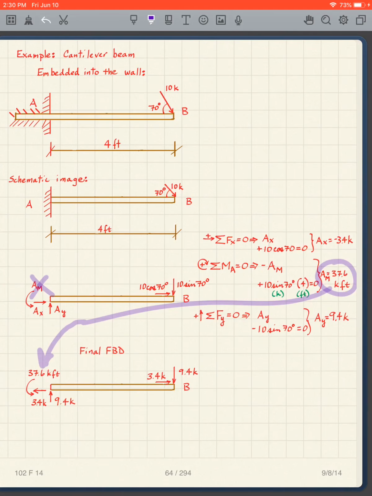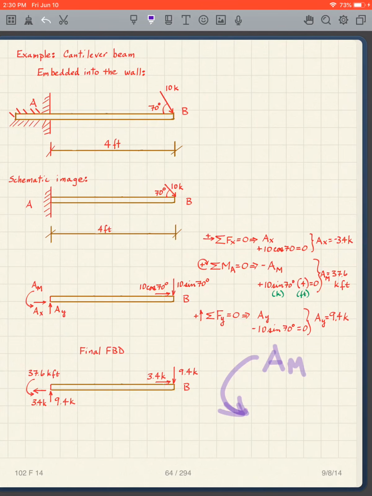If it were a negative number, then what would I do? If I start out with AM showing like this, and it's negative, then I simply flip it around and write 37.6. But since it was a positive, all I do is just put it in its place.